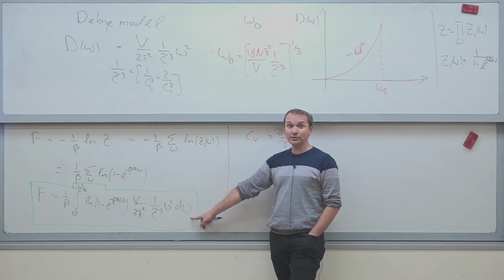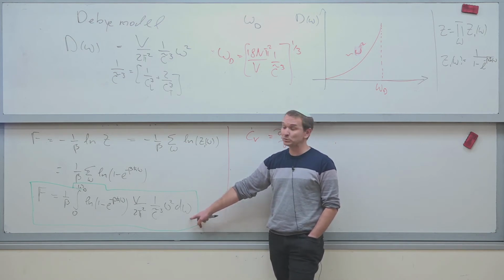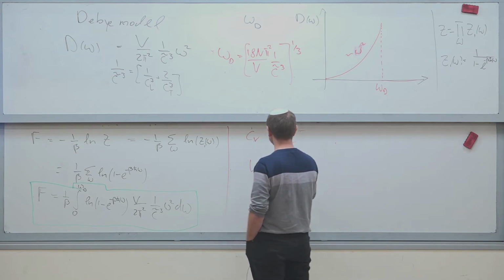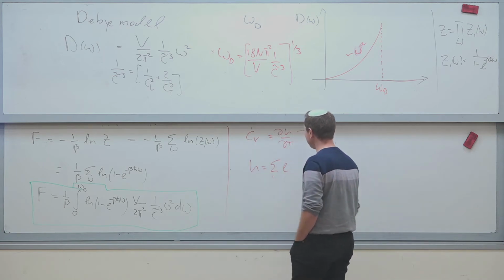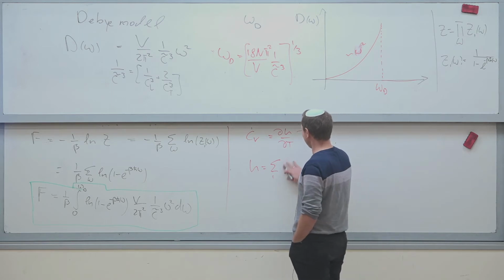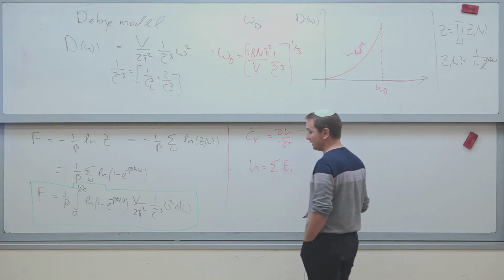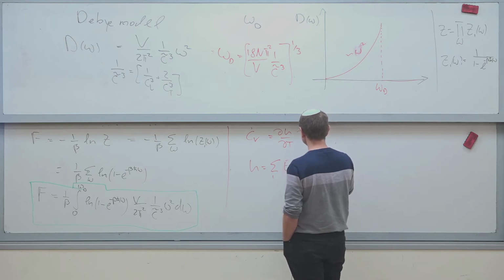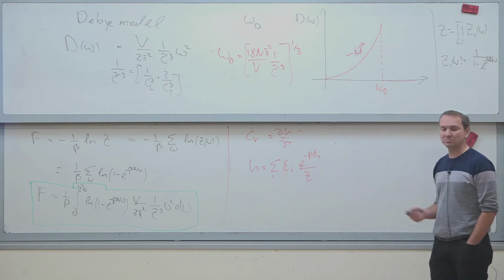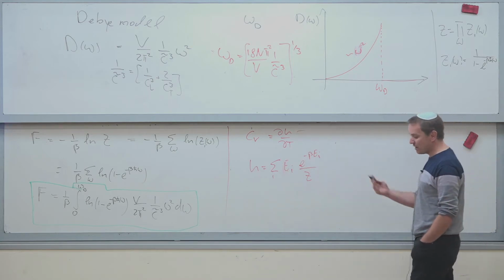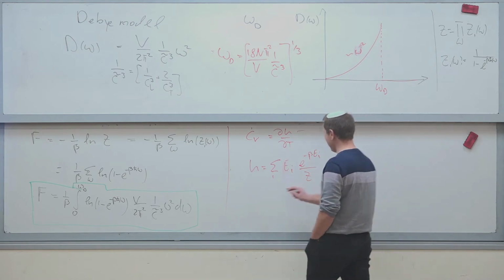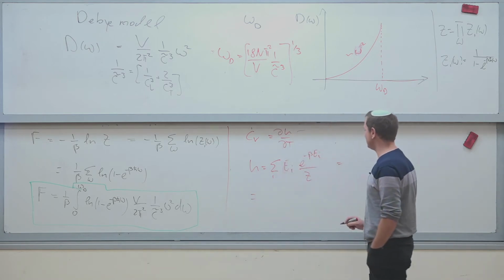We can start from here. I remind you that U is a sum over i of E_i multiplied by e to the minus beta E_i divided by Z. This is always a formula, no matter what the system is. Then I remind you that we used the following trick.